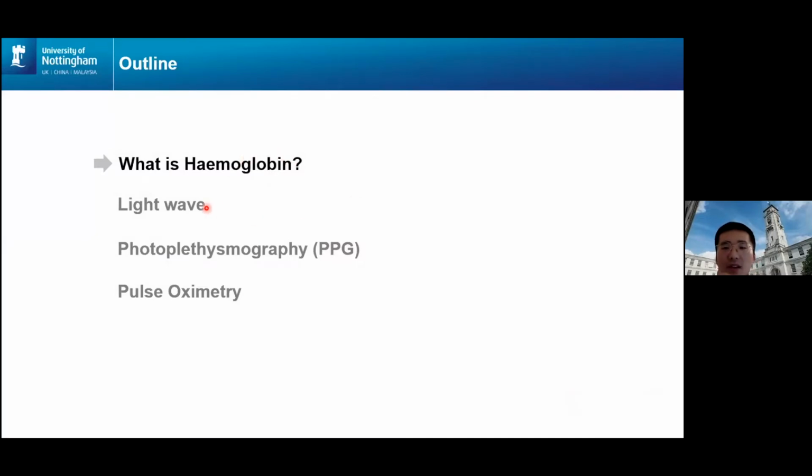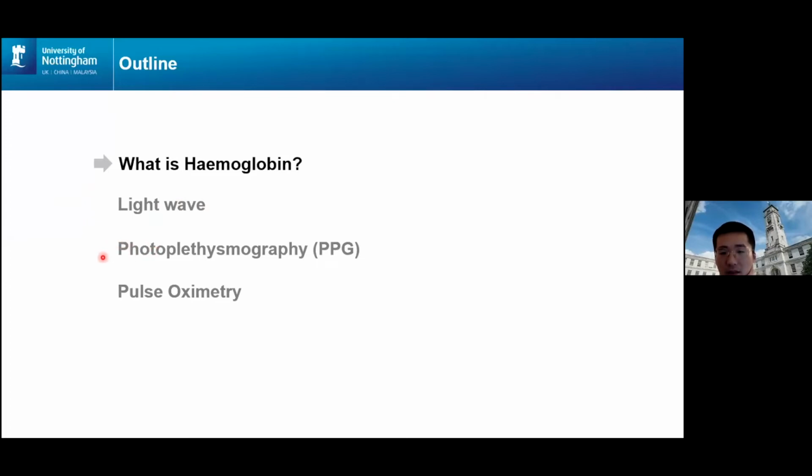The content includes 4 parts, and the first part is some background information about the hemoglobin. Then a very brief basic knowledge of light waves will be given, which will help you to understand the relationship between hemoglobin and the optic signal.